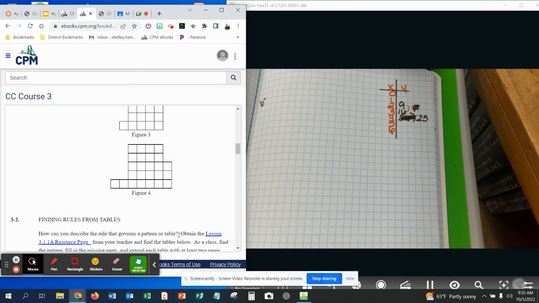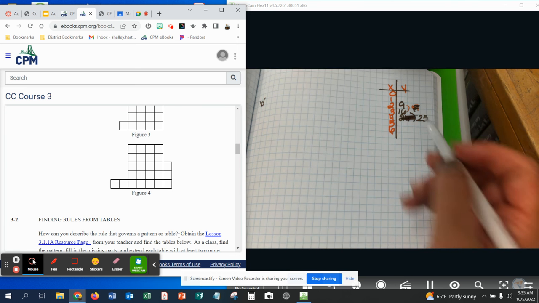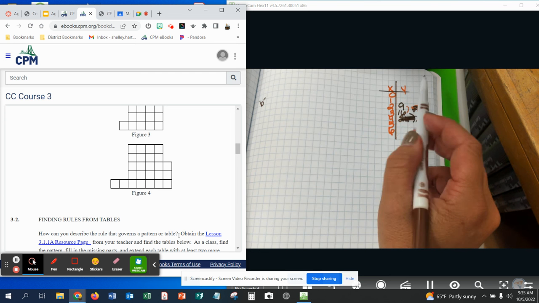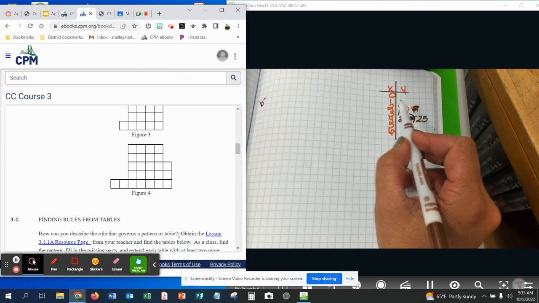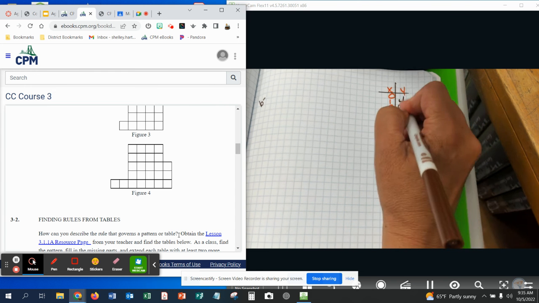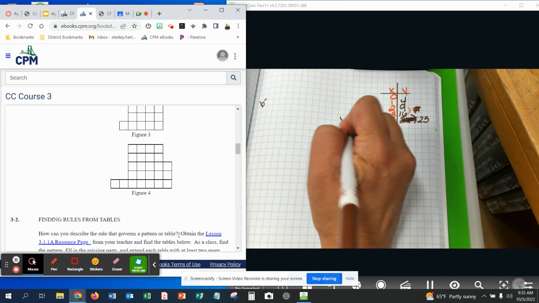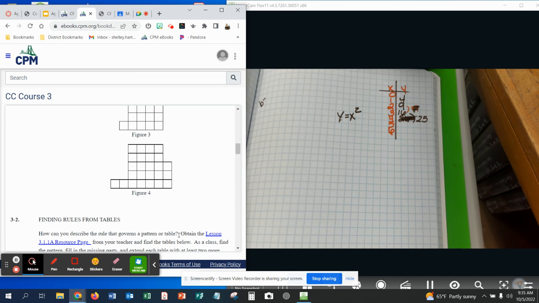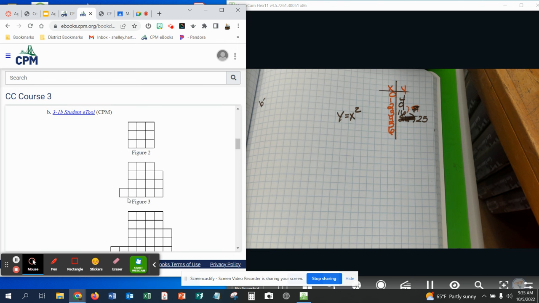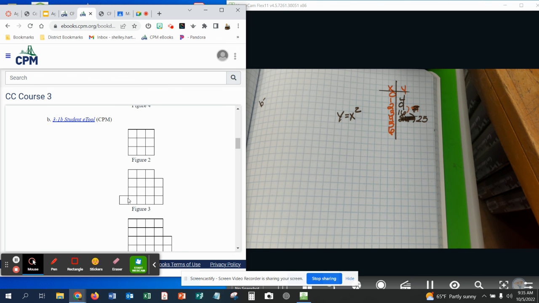Aren't these perfect squares? Oh, dang. If this is 3 times 3, which is 9, and this is 4 times 4, what is this going to be? 2 times 2, 4. So wouldn't your equation then be x squared? Yes, it would. Figure 2 is, yeah.